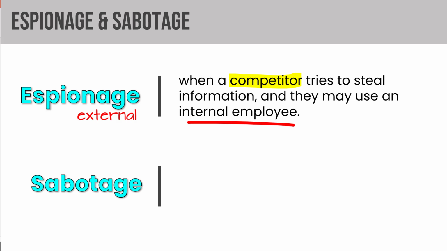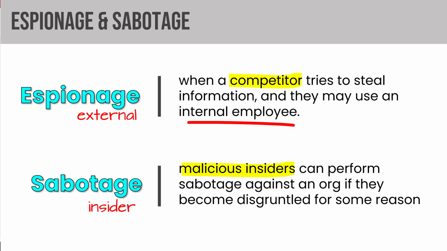And sabotage involves a malicious insider performing some sort of malicious activity because they've become disgruntled, or maybe they're attempting to take information with them to their next job. So know that the key differentiator between espionage and sabotage is that espionage is initiated externally from outside the organization. Sabotage involves a malicious insider.